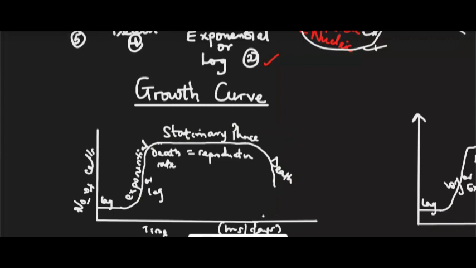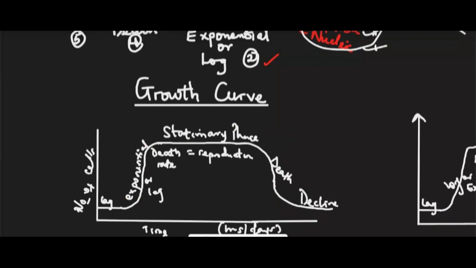Does that make sense? Now, immediately after that stage is a stage of prolonged decline, where the cells do not only die, and some try to survive. Most of them die, right, and that's the phase of prolonged decline. Does that make sense? All right.